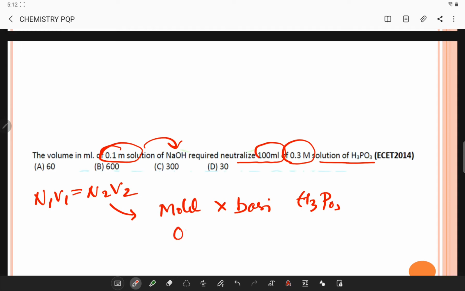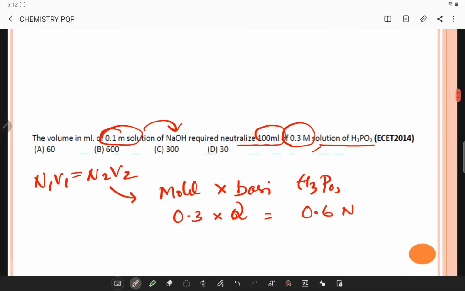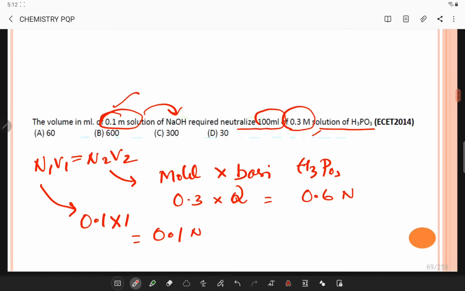So it is given as 0.3 into 2. So I can simply have it as 0.6 normal. Now similarly for N1, it is given as 0.1 into 1. So I will be getting 0.1 normal.